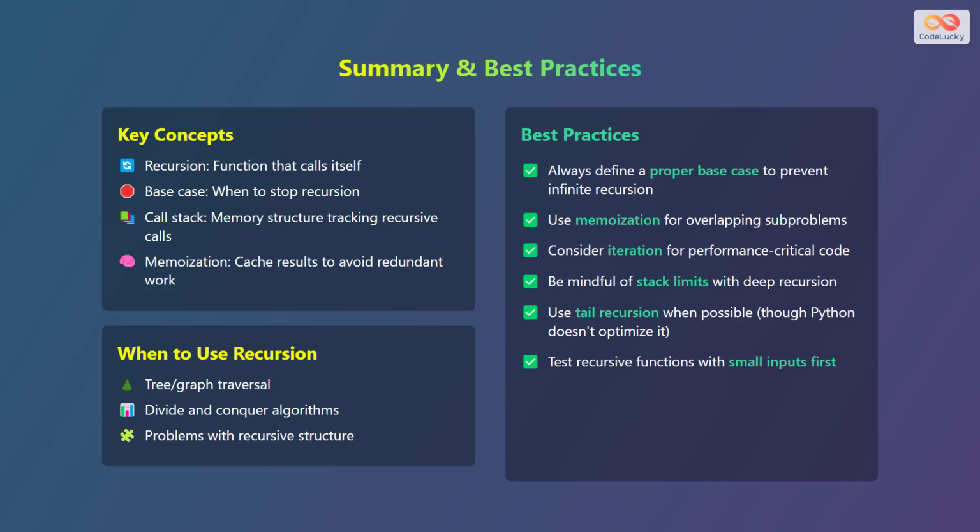Use recursion for tree and graph traversal, divide and conquer algorithms, and problems with recursive structure. And always define a proper base case to prevent infinite recursion. Utilize memoization for overlapping subproblems. Consider iteration for performance-critical code. Be mindful of stack limits with deep recursion. Use tail recursion when possible, and test recursive functions with small inputs first.